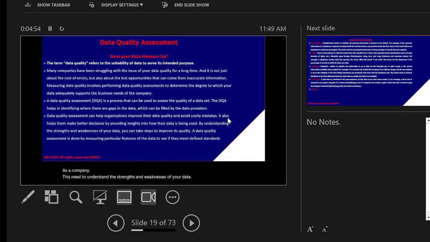If you understand them, it will assist you to improve on the quality. Even as an individual, if you understand your strengths and weaknesses, it is easy to interact with people. Therefore, a data quality assessment is done by measuring particular features of the data to see if they meet the defined standards. That's the purpose of data quality.